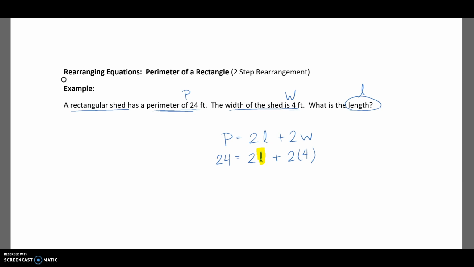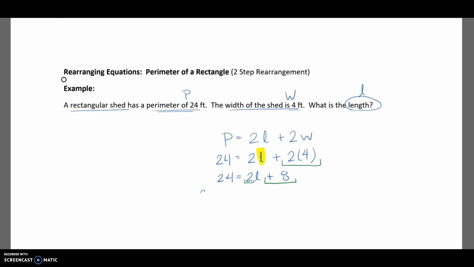I'll make this a little easier by doing this multiplication now. So I get 24 equals 2 times L plus 2 times 4, which is 8. I need to move both this plus 8 to the other side of the equation as well as this multiplication by 2. It's easiest to move any terms that are being added or subtracted first.